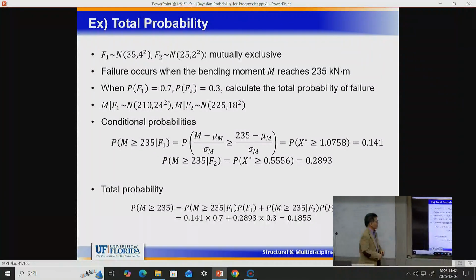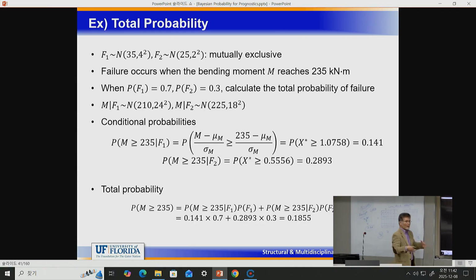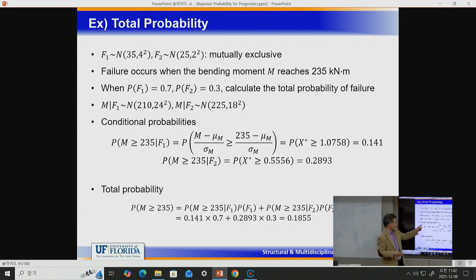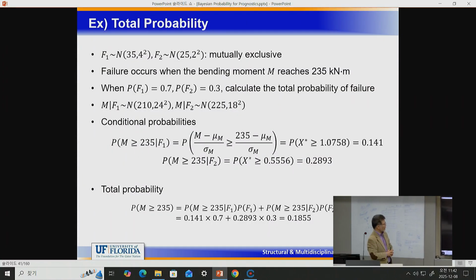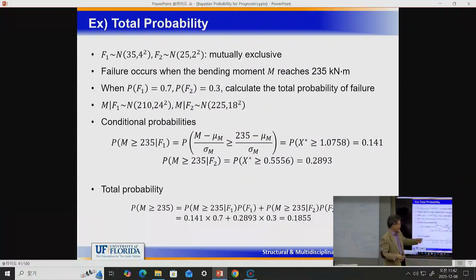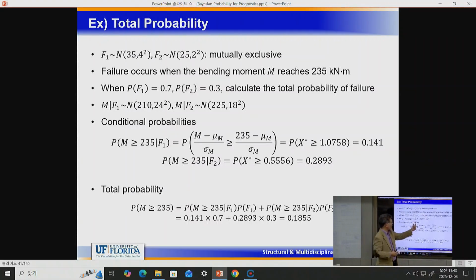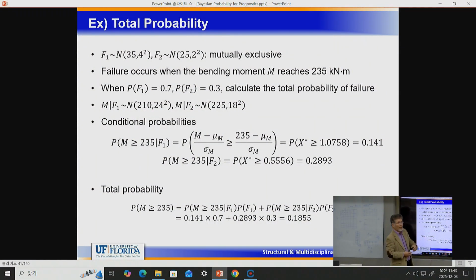Then the conditional probability that we calculate is the probability that the bending moment is greater than 235, that's failure, given F1. So let's see how we calculate it. For M, I subtract the mean 210 and divide by the standard deviation 24 on both sides. This is M greater than 235. It's a normalization of the statistic. So this is a normal distribution with mean 210 and standard deviation 24.